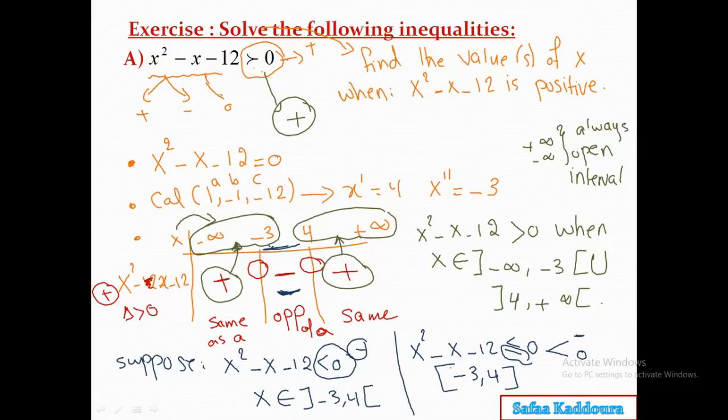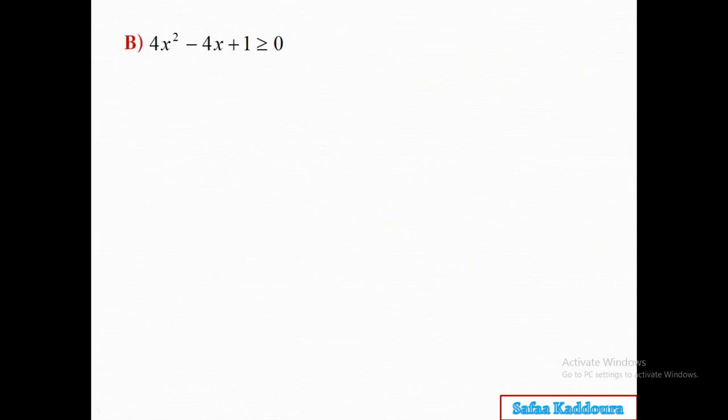Let's continue by solving another example. Now we will solve the following inequality: 4x squared minus 4x plus 1 greater than or equal to 0. What do we mean by this?